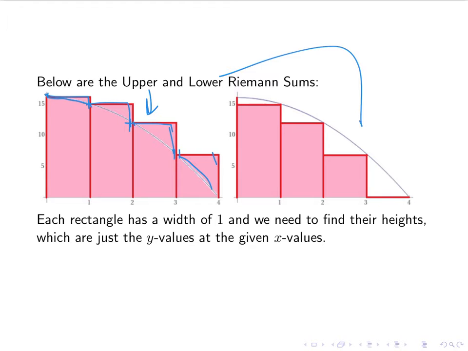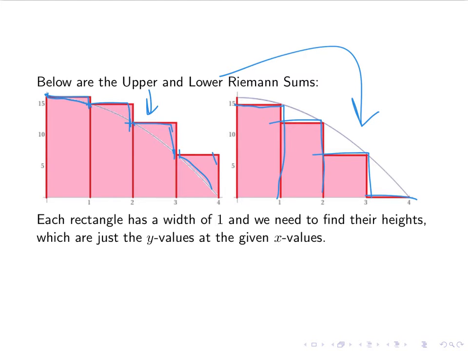For the lower Riemann sums, they happen to be the sides on the right because, again, my function's decreasing. So here, my height is the lower of my two endpoints. And then my rectangle from 3 to 4 is actually just 0 because my right endpoint is 0.